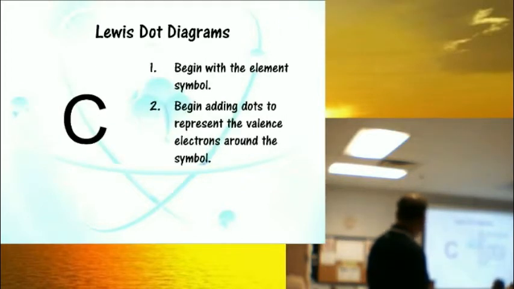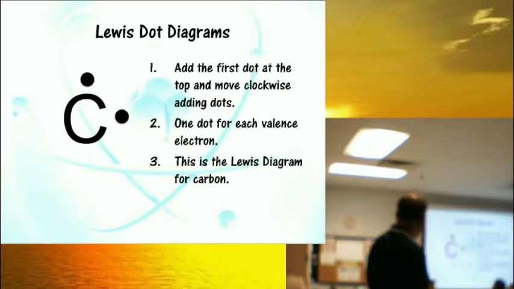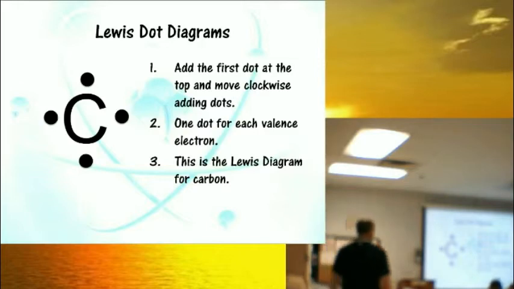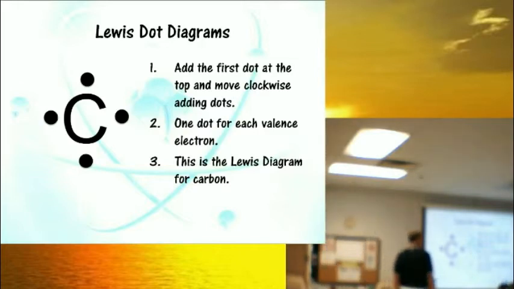When you draw that in, you would draw it like this. There are 4 valence electrons of carbon, and you would draw it like this. Again, it starts at the top, and then you go 3, 6, and 9.